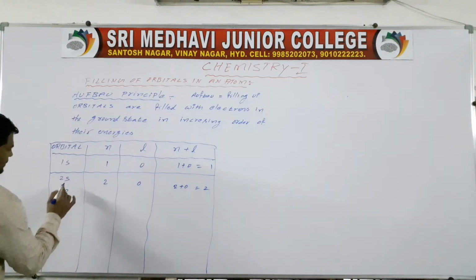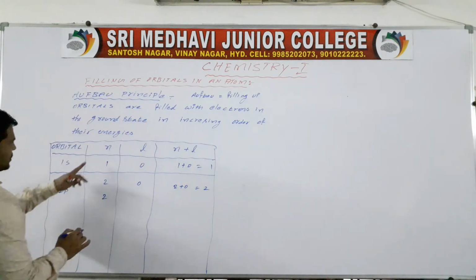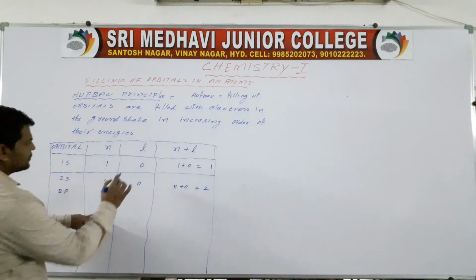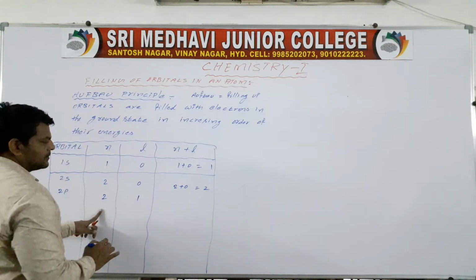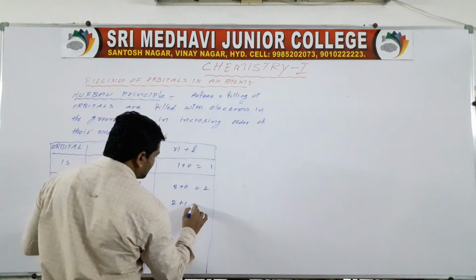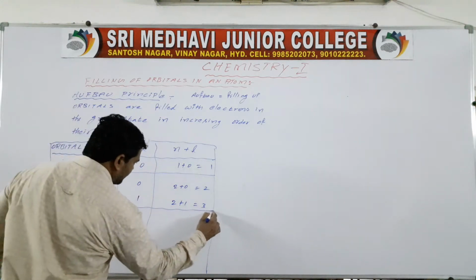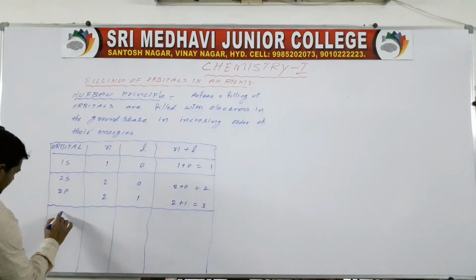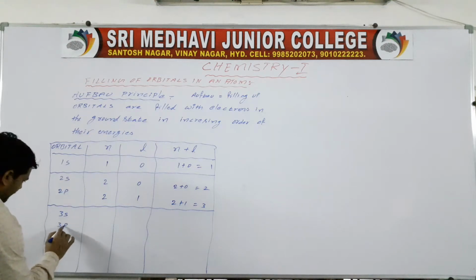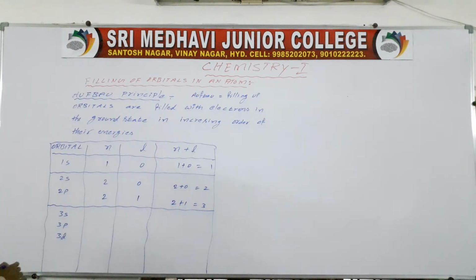Then 2p, after 2s comes 2p: n value 2, l value 1, so 2 plus 1 means 3. Then 3s, 3p, then 3d.